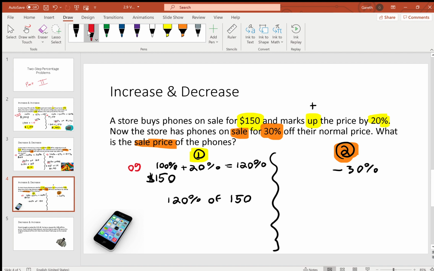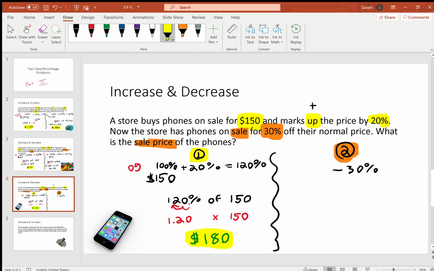Well, I'm going to turn that percentage to a decimal. I'm going to move the decimal point over 2 spots to the left. That's 1.20 times 150. So, pulling up that calculator, my best friend, 1.20 times 150 is 180. The store is now selling these phones for $180. But that's the end of part 1.